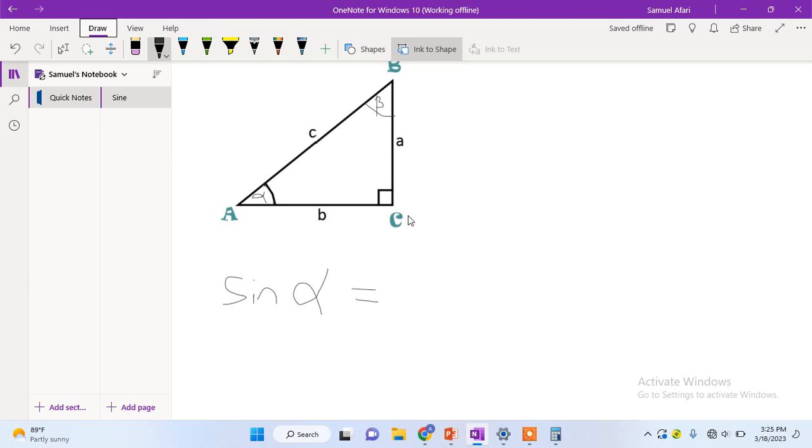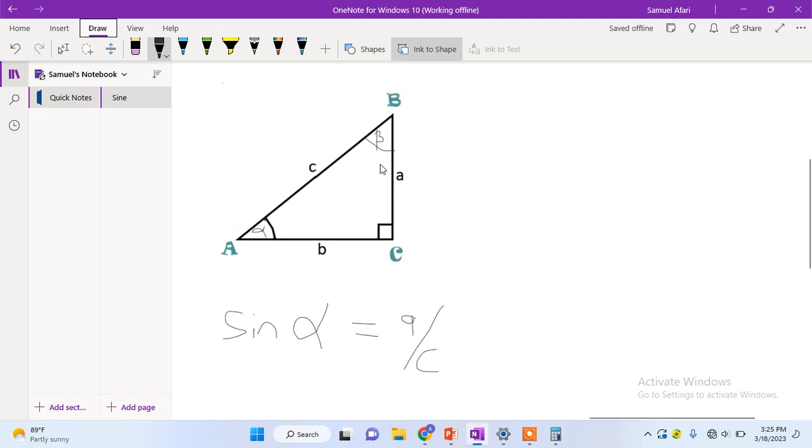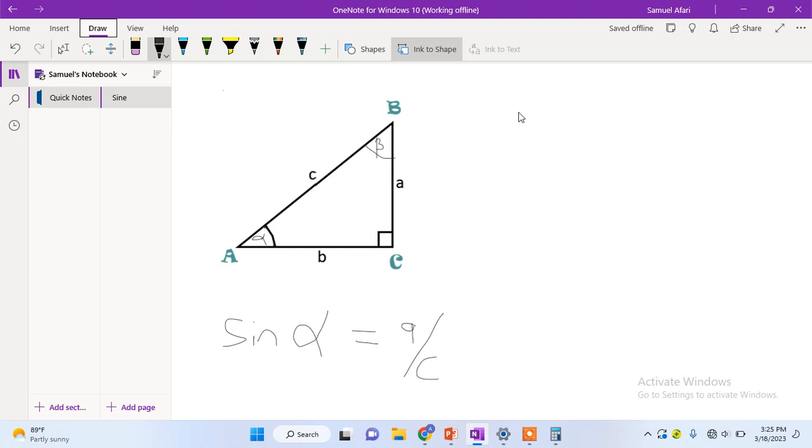A, hypotenuse, C. So we are going to get A over C. Good. And then let's look at cos beta. This is beta. So what is opposite? There's the opposite, there's the hypotenuse, and this is the adjacent, looking at the beta, not the alpha.